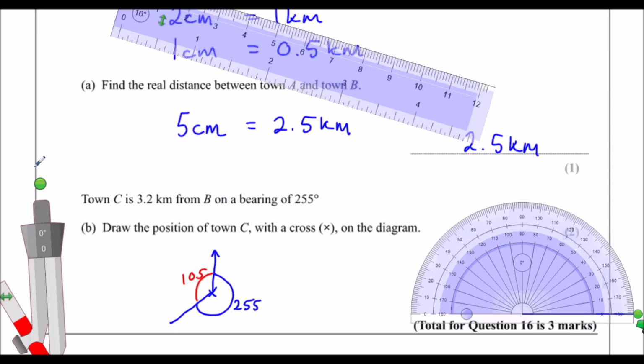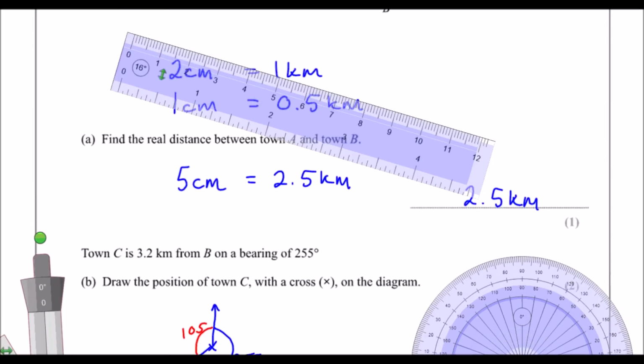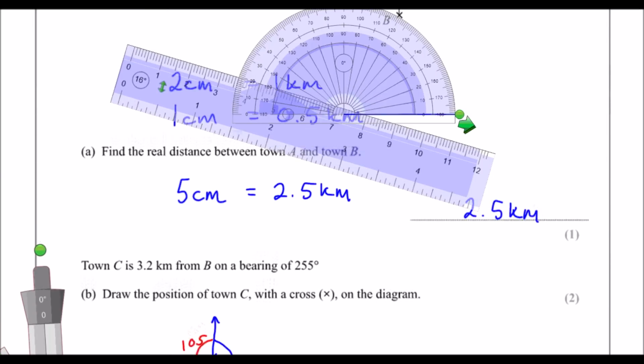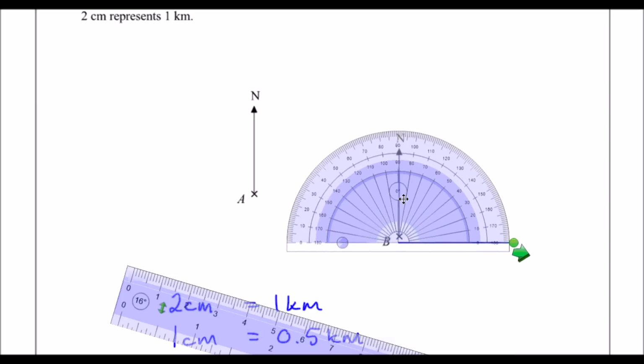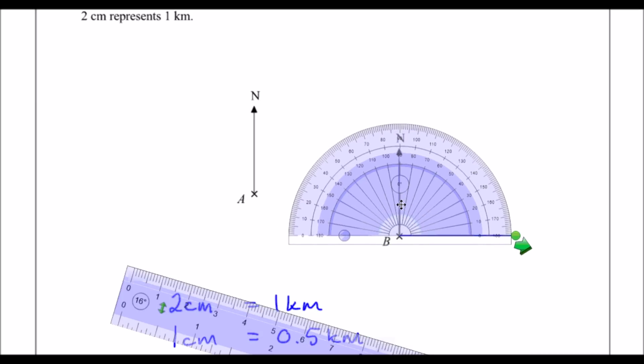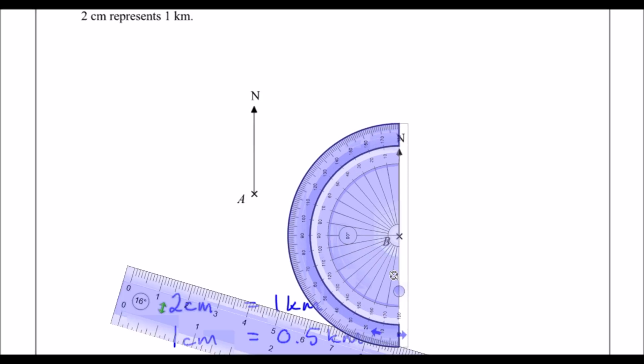So from B, we're going to measure from the north line on B, we'll measure 105 degrees anti-clockwise. So what we'll do, we'll line up the north line, put the center on the cross, line up 0 degrees on the north line, so that we're using the inside numbers, measure round 105 degrees.